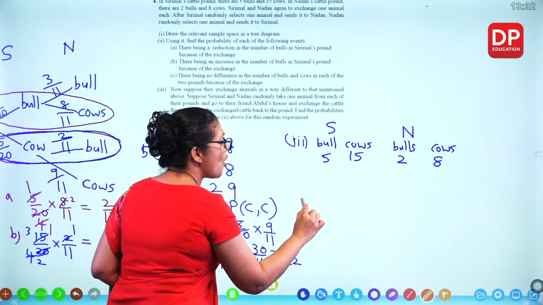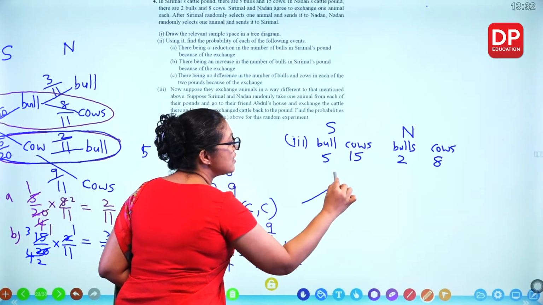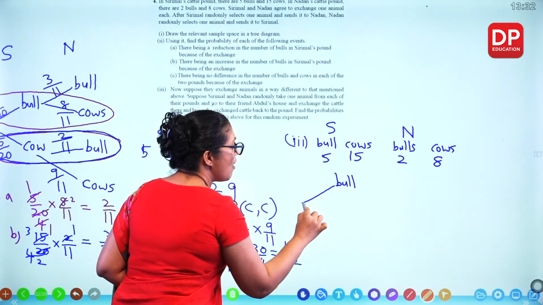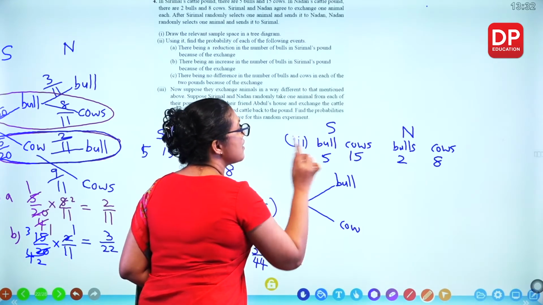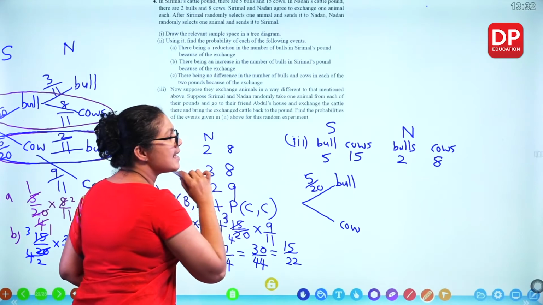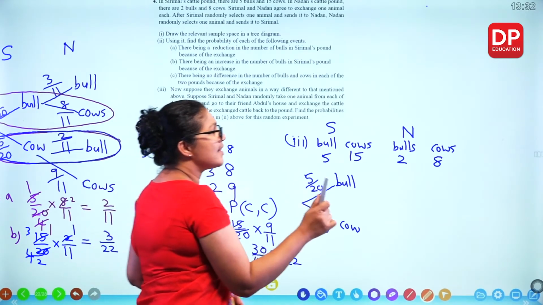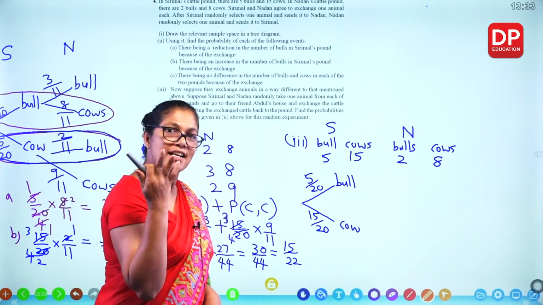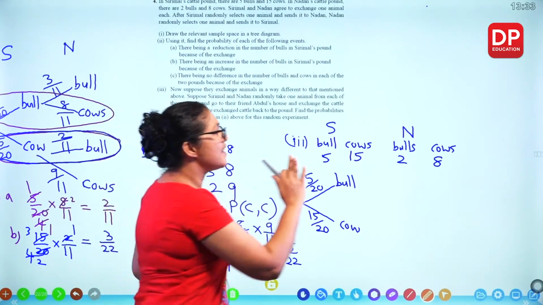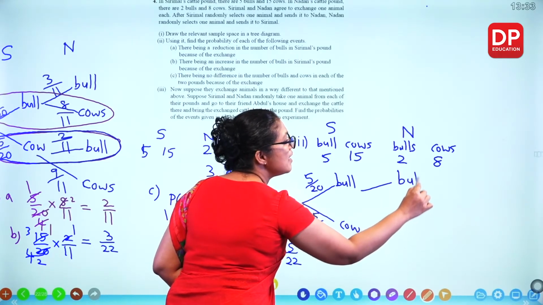So how we draw the diagram? So when you take Sirimal, so taking a bull or a cow, selecting a bull is 5 over 20 and selecting a cow is 15 over 20. Now Nathan is also selecting cow or bull. So nothing will happen to this one. So what's the probability of selecting a bull?